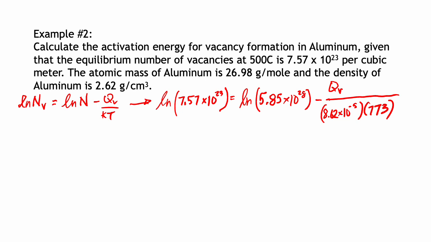So the natural log of 7.57 times 10 to the 23rd is 54.98.